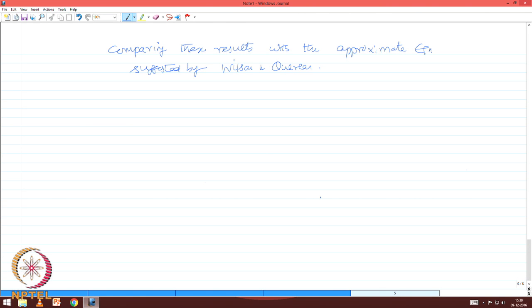Wilson and Kurian gave stress correction factors for both intrados and extrados. To know this, we need to compute R by h value. For our problem, this is 60 by 20, which is 3.